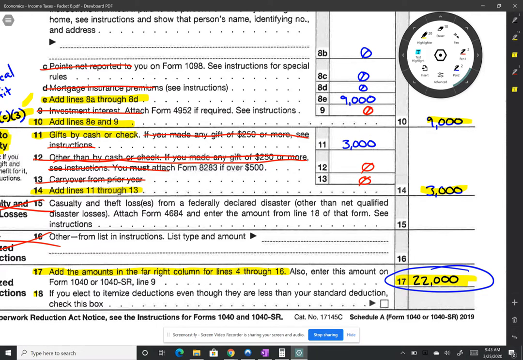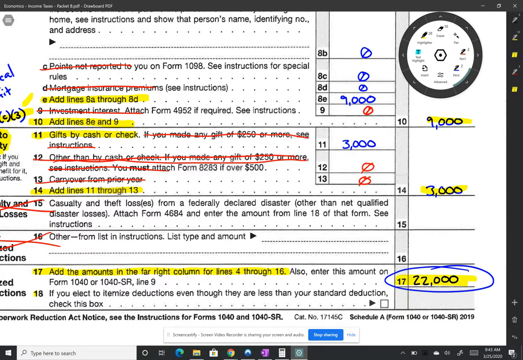But let's say for some reason they say, no, we only want to deduct what we have given away. So even though the itemized is lower, we're going to take this, right?